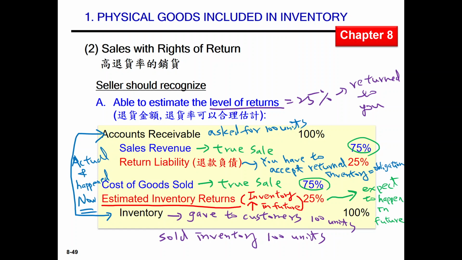So return liability talks about the obligation, the promise you made now. So you have the obligation to accept the 25% returned inventory if it happens in the future. Okay? Any questions?